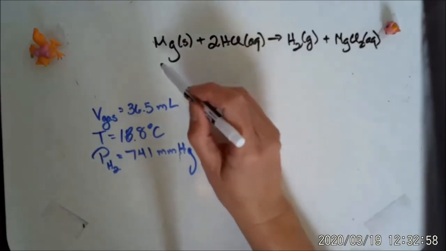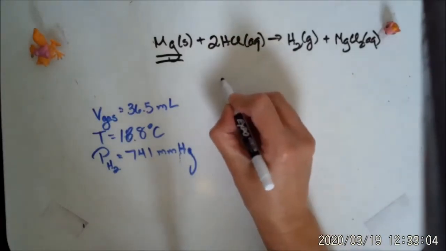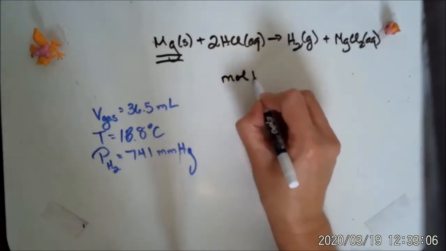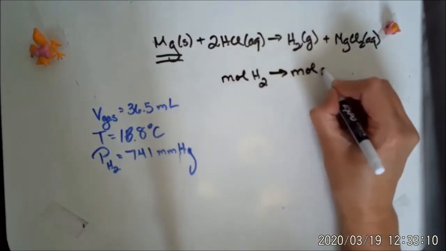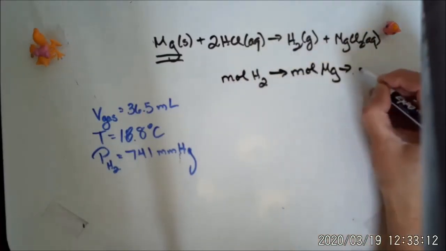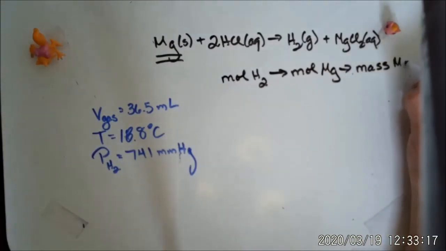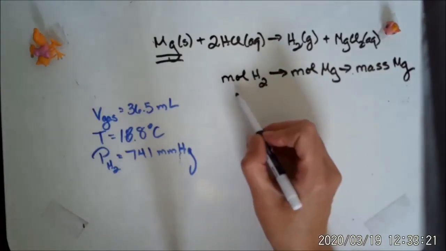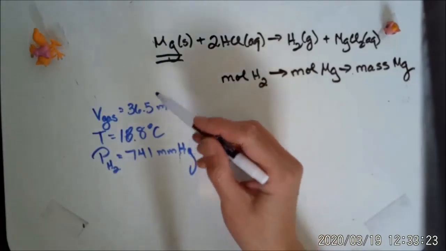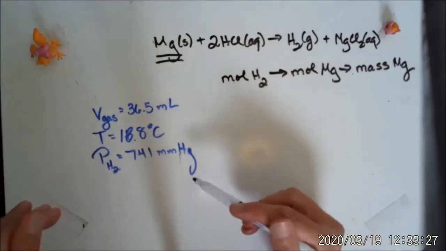the whole goal is to find out how much magnesium we used. So we needed the moles of hydrogen gas, get to moles of magnesium, and get to mass of the magnesium. Okay? So, to get to the moles of hydrogen gas, all of the data that we had used previously was to get to this part.